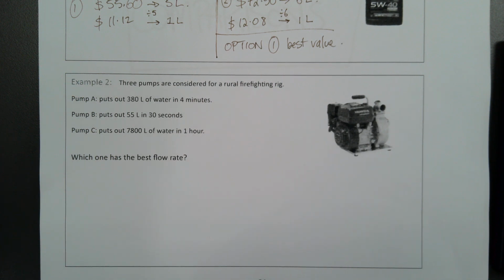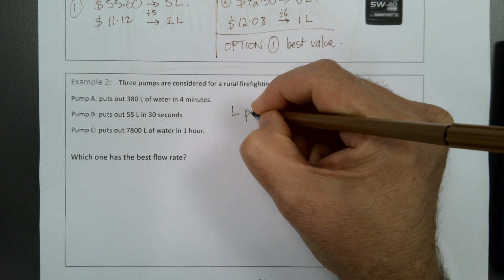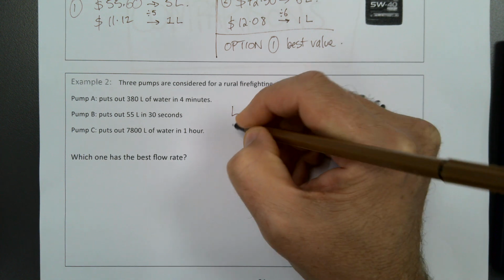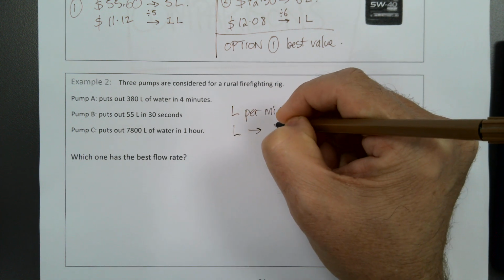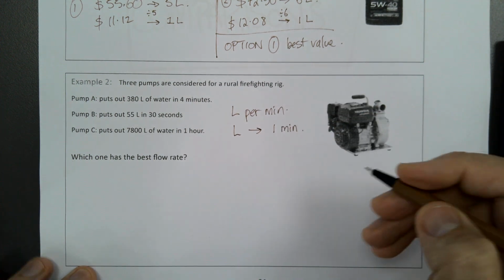So we've got to get them all to the same thing. We could go per minute. So maybe we want litres per minute. In other words, I want how many litres happen in 1 minute. All right, and I want it for all 3 of them.